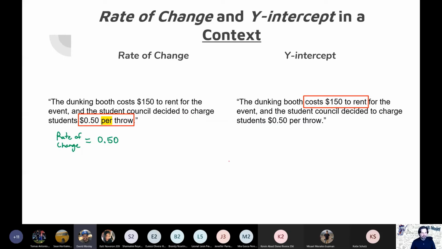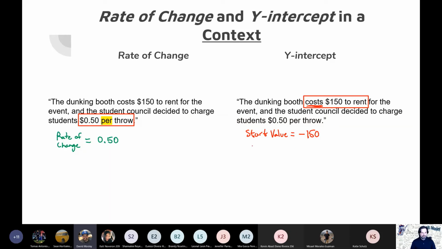And we have the start value, minus 150, because it costs money. So menos. Right?